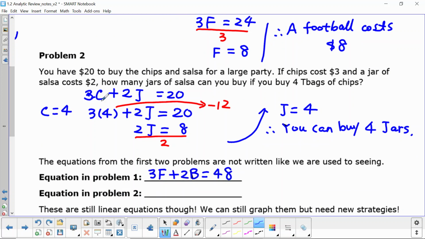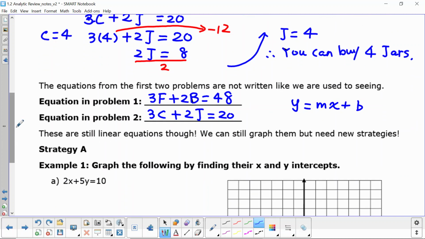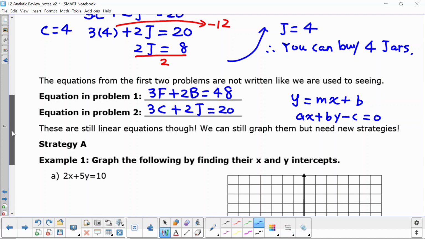Then the equation from problem 2 is 3c plus 2j equals 20. Each of them is not in the slope y-intercept form. So that is also the reason why we need to study the standard form. So standard form is ax plus by minus c equals 0. So it's not in the slope intercept form.